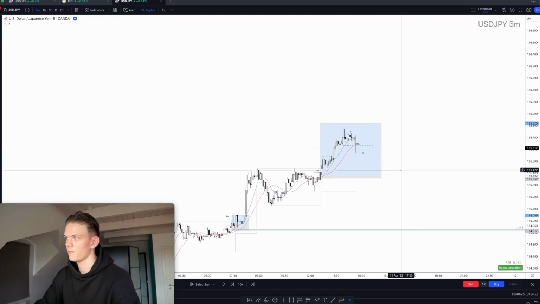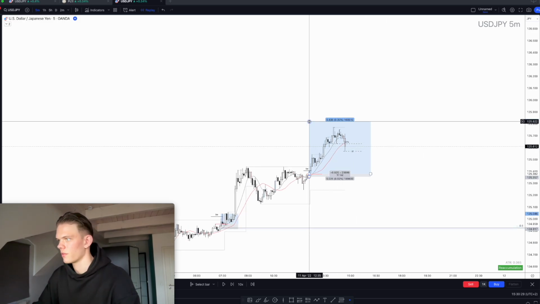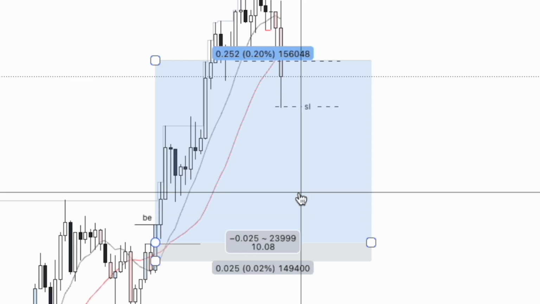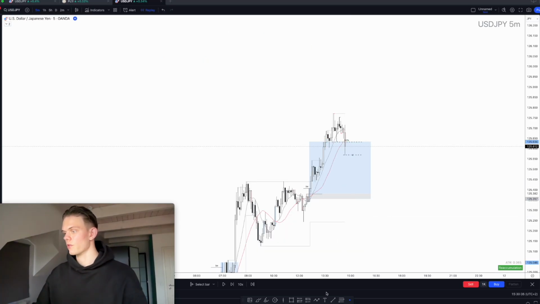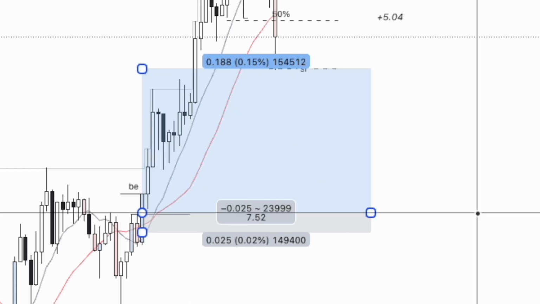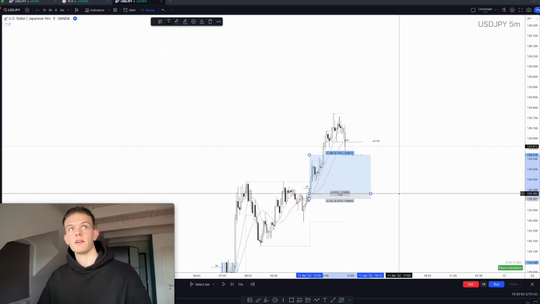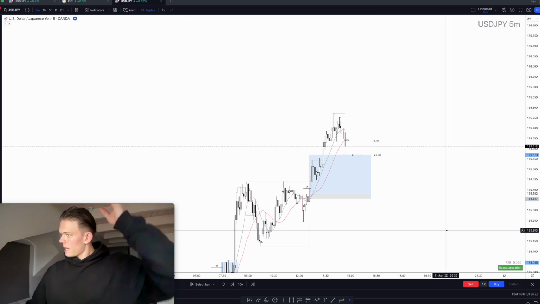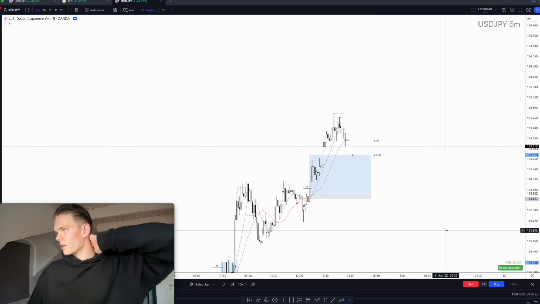Yep, take both of my positions out, and we're fully out with a win on my first partial at 10.08, meaning 5.04. And on the full stop, we secure 7.52, meaning 3.76. So on this whole trade, we secure around 8.8.